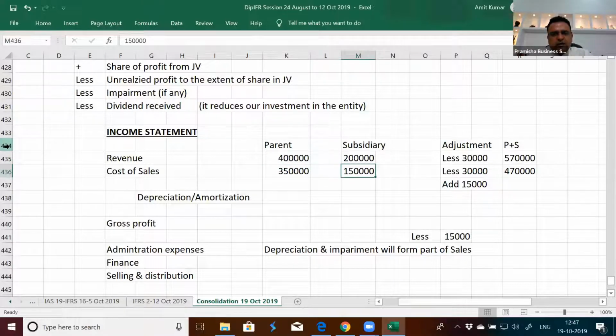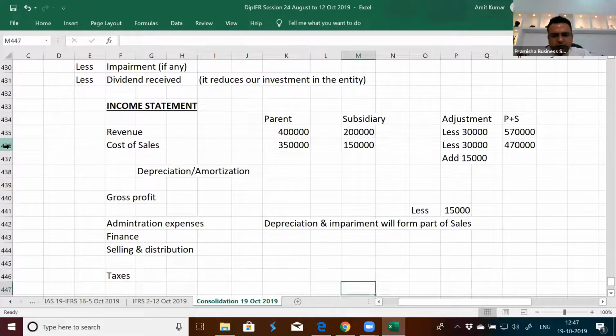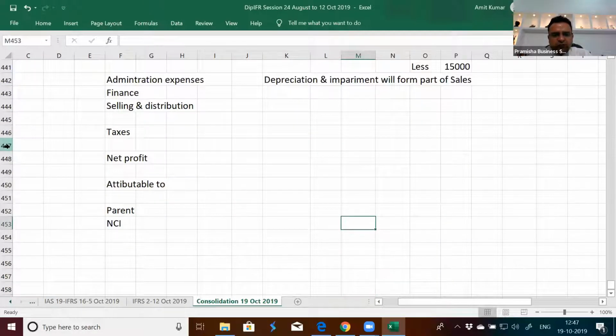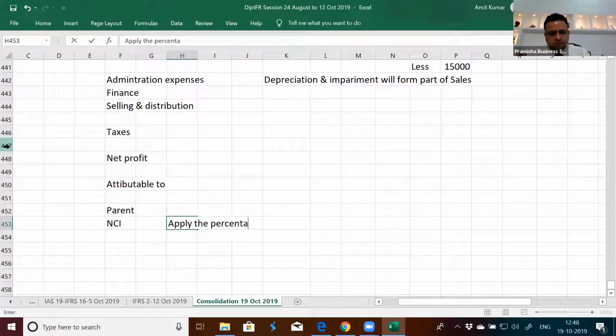subsidiary, and from the subsidiary's profit, a portion of it will go to NCI. We apply the percentage to the profit belonging to NCI from the profit of the subsidiary's books.